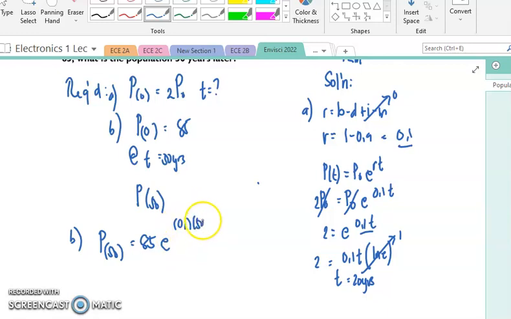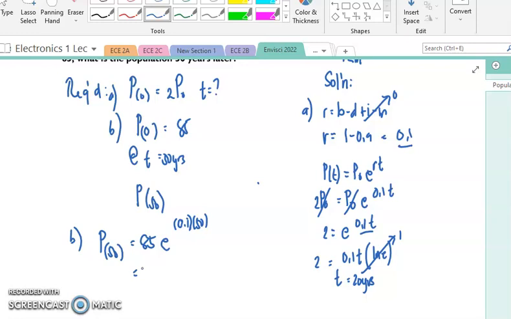the time is 50. Okay, so 0.1. Let me just write it again. 0.1 times 50 will give you a value of 5.